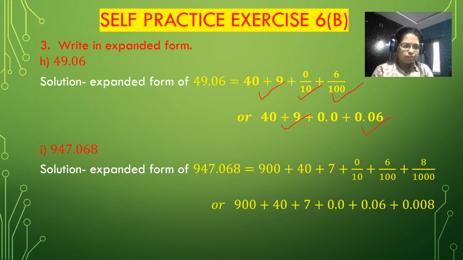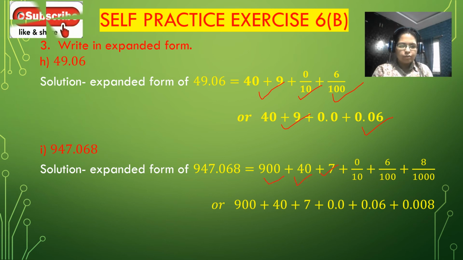I bit, 947.068. The expanded form of 947.068 is 947 is 900 plus 40 plus 7, plus 0 divided by 10 plus 6 divided by 100 plus 8 divided by 1000.